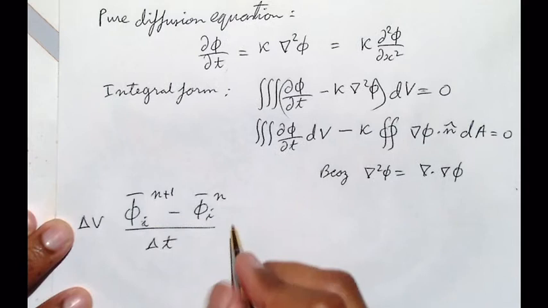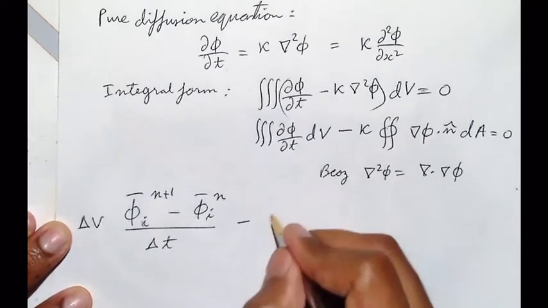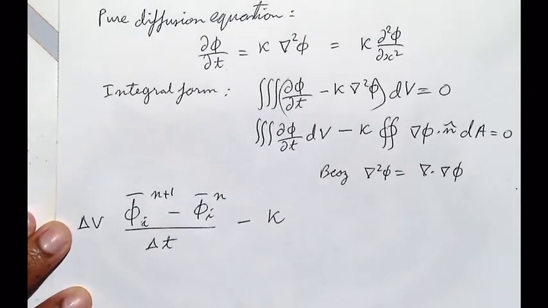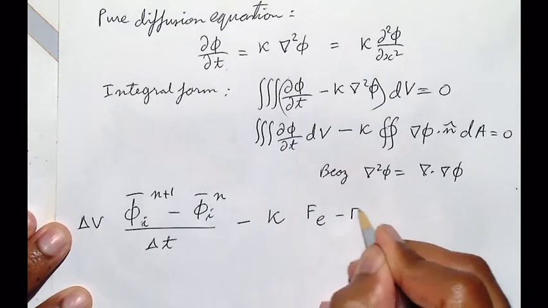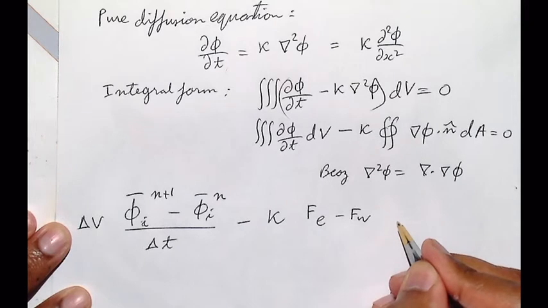Okay, and then what? Minus kappa times flux east minus flux west. No, that's over delta x. No, no delta.